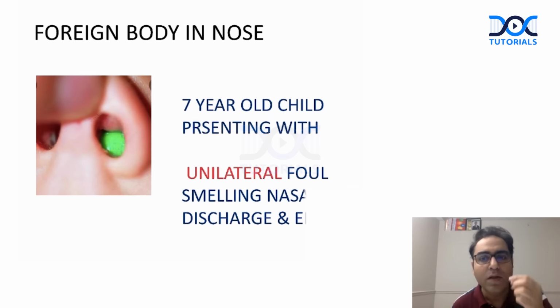A 7-year-old child with unilateral foul-smelling nasal discharge and epistaxis. Single-side smell, single-side pus, single-side blood. In a school-going age child, it indicates there is some old foreign body inside the nose. Very famous question. Don't forget, a school-age child with smell from the nose, bleeding from the nose, and pus from one side of the nose is a foreign body question for sure.